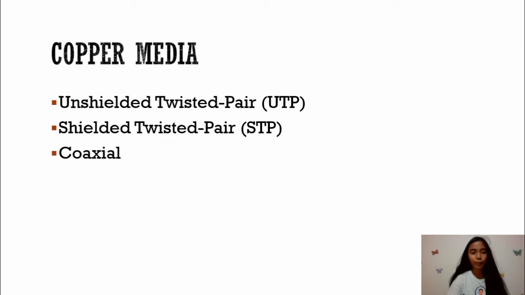So let's proceed to the next one. We have the unshielded twisted pair, or the UTP.